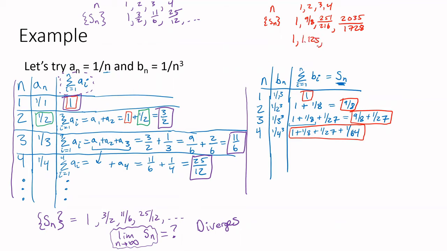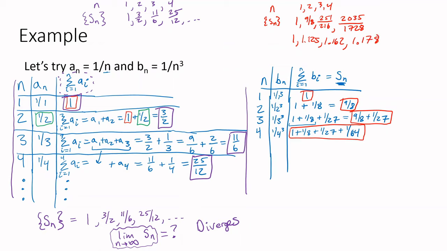1.125. 251 divided by 216 is 1.162, and I'm doing a little rounding here. Then adding 1 over 64 gives 1.178.